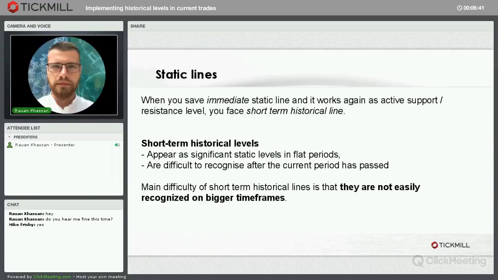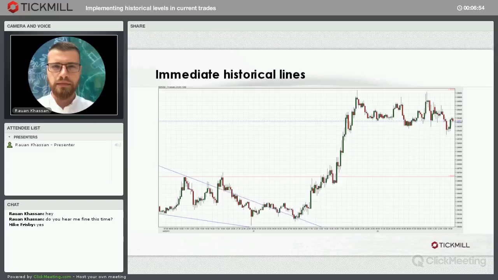What happens when you save an immediate static line and it works again as an active support or resistance level? That means that you probably face a short-term historical line. Let's get back just to the previous picture, and here is a good example of what it could be. In the beginning of the chart, please pay attention to July 20th.